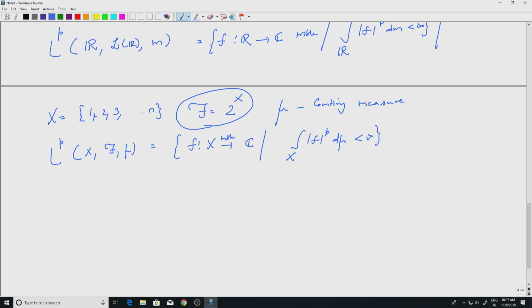What is a function on X? So f from X to C, then f is identified with the n-tuple f1, f2, etc. fn, right. So these are complex numbers. So this space can be identified with, so these are all elements of Cn or Rn if they are real valued, right.